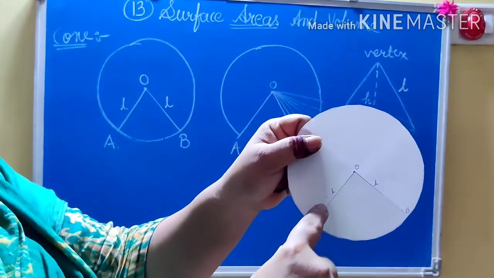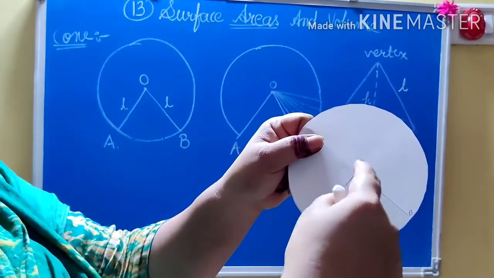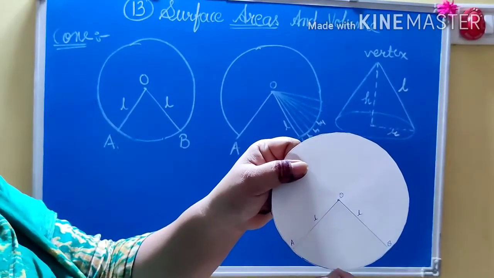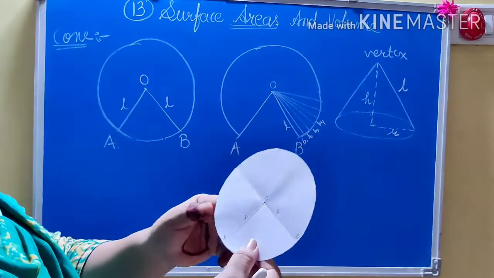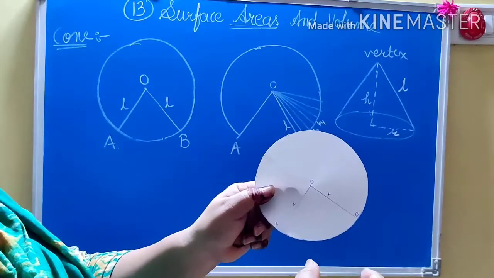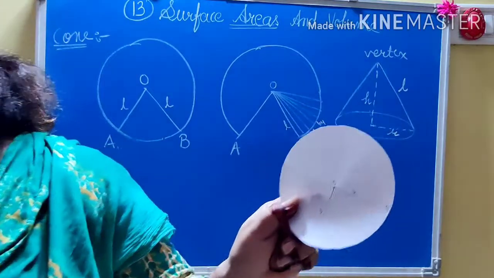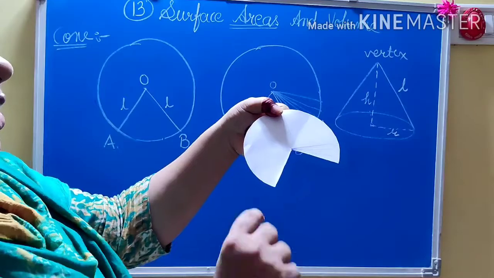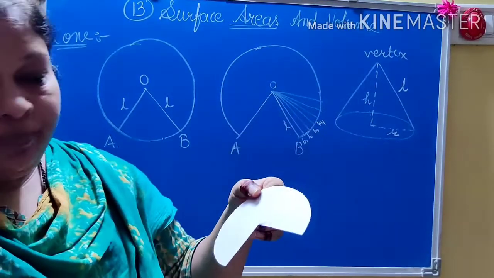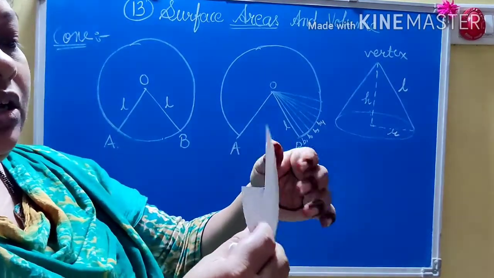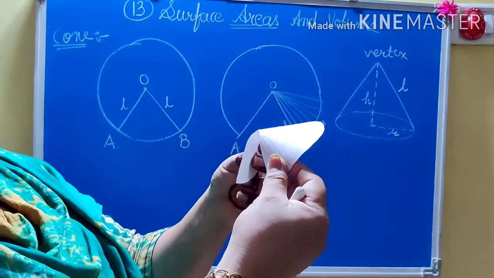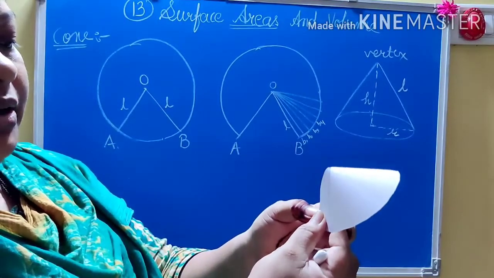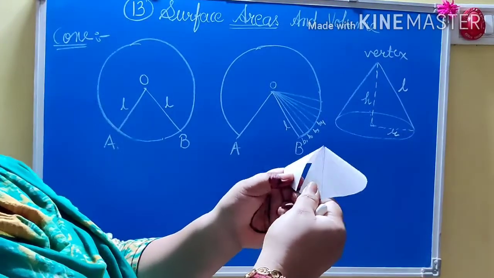What we get, OAB, is a smaller sector. Then we cut out this smaller sector from the circle to get a shape like this. Here this is point A and this is point B. If we bring these points together, then what we get is the CSA of a cone.